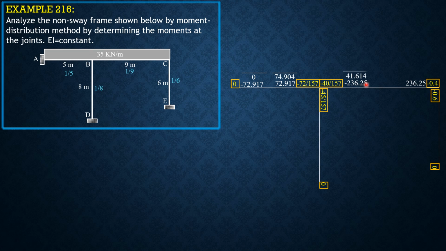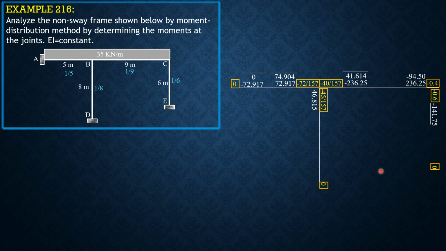So 41.614, lock. Replace negative 40 by negative 45. Then put the value here. 46.815, lock. Then distribute 236.25 times negative 0.4, so negative 94.5, lock. Then replace negative 0.4 by negative 0.6, put the value here, negative 141.75, lock. Then the rest, no more.